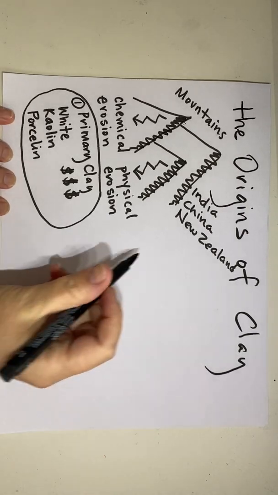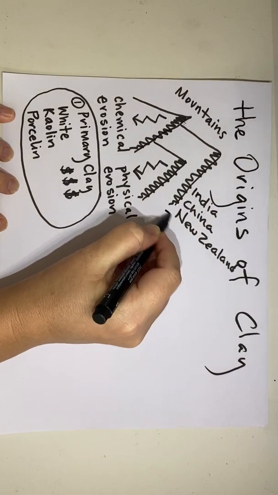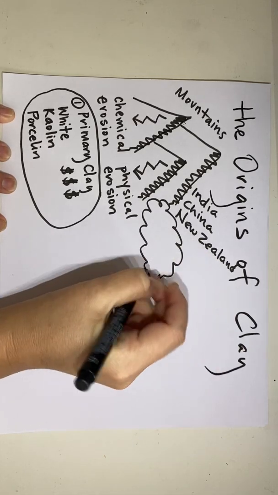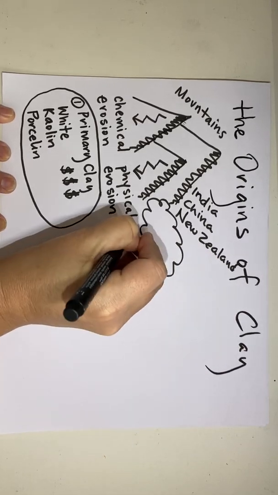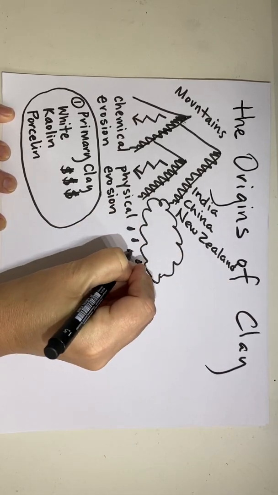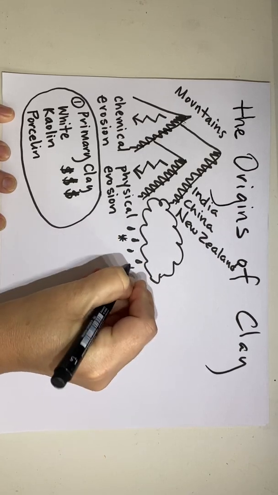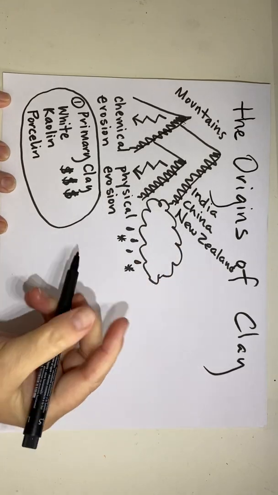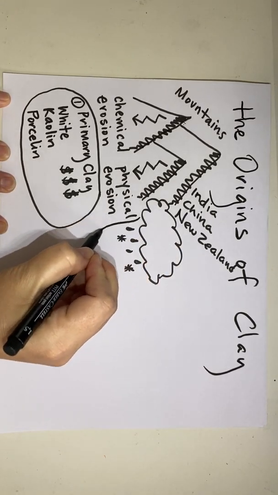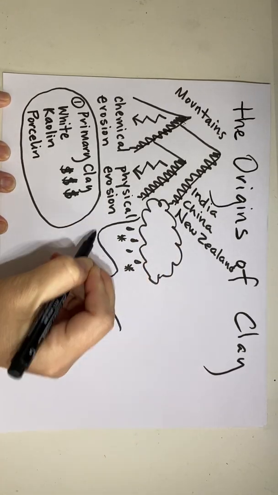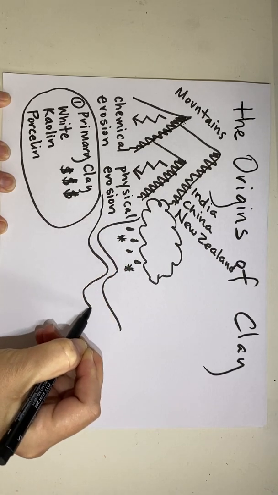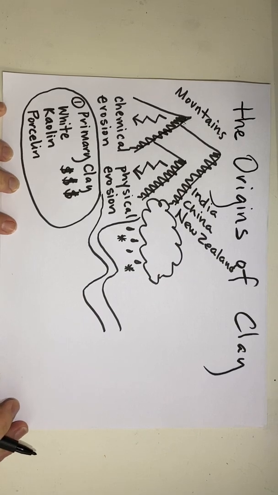So then the other thing that's happening along with our erosion is weather. When the rain and the snow hit the mountains, the water runs down the mountains, and that's how we form rivers. So at the base of our mountain, we're forming these rivers from the precipitation.